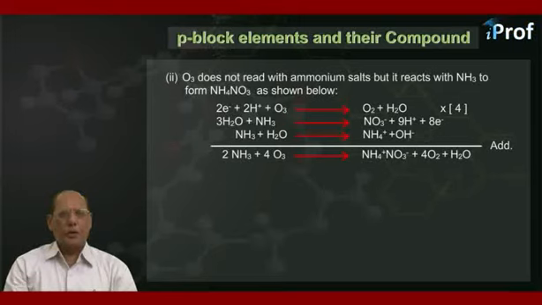So the equations are 2e⁻ + 2H⁺ + O3 giving O2 + H2O, multiply this by 4; then 3H2O + NH3 forming NO3⁻ + 9H⁺ + 8e⁻; and NH3 + H2O giving NH4⁺ + OH⁻.